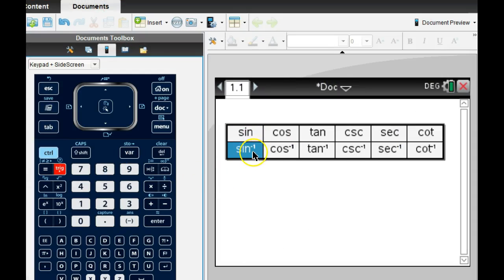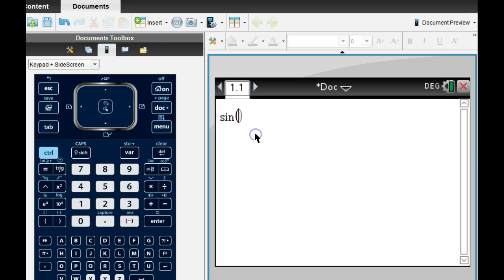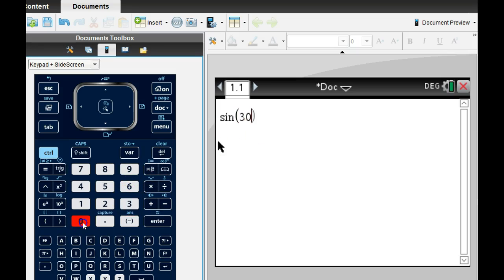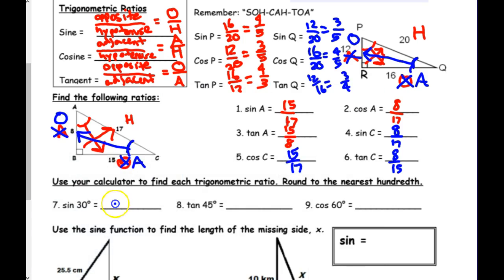So hit sine. These bottom ones with negative ones, don't worry about those yet. Today, sine, type 30, and all you've got to do is hit enter. What did you get? Is everyone actually pressing these buttons with their own fingers? You will have to do this on your own. Okay, so 0.5, let's write that down.